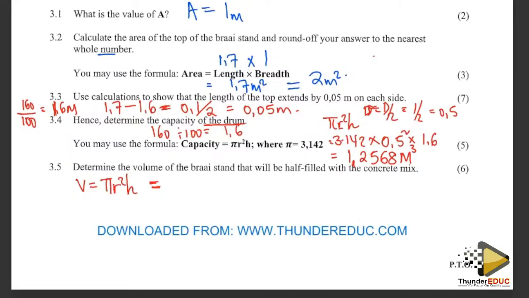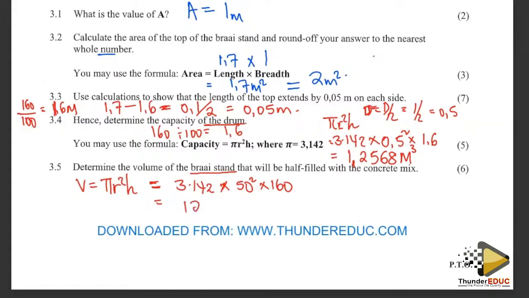Then here, the braille stand. Now remember, the braille stand comes from the drum and it's already half. So it will still be the same, which is 3.142. I will do all my numbers in centimeters. So this is 50 centimeters squared times the 160. 3.142 times 50 squared times 160.